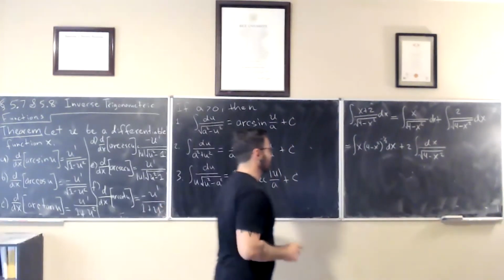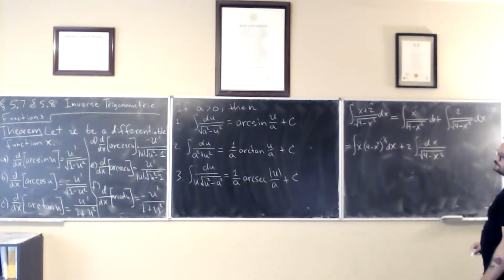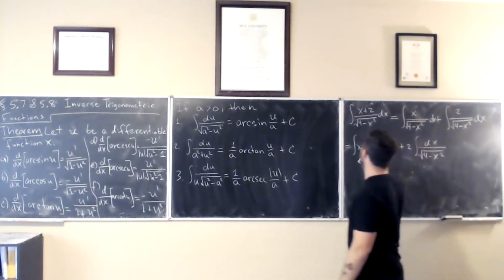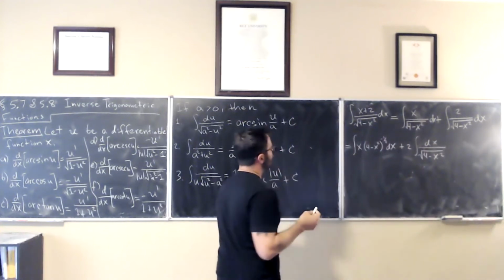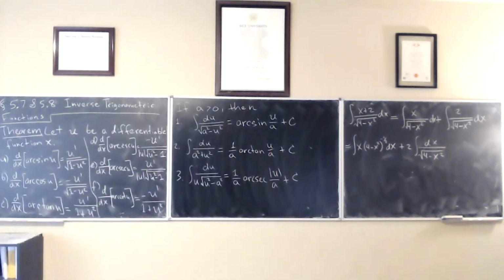Okay, so now I see this looks good. And what about this side over here? How can we deal with that one? And we have every integration technique that we need, right?